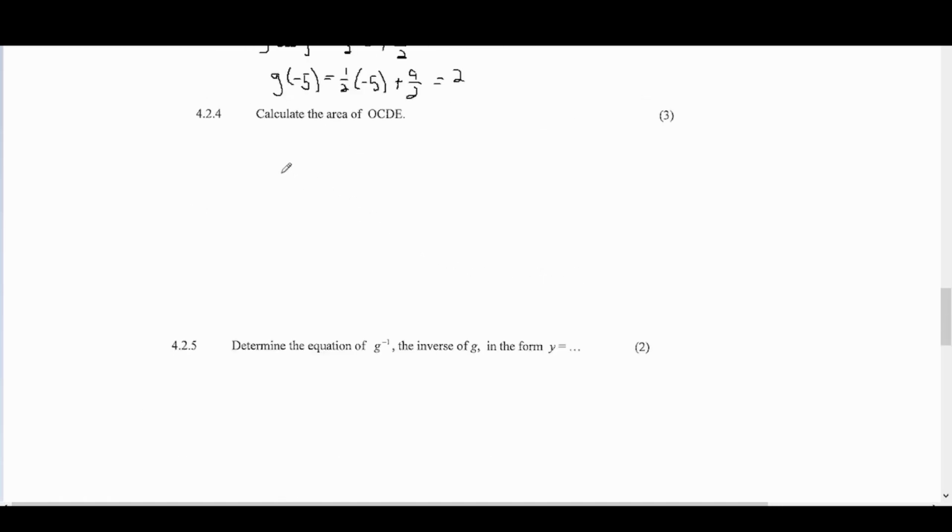So we can use area of a trapezoid, which is half. Let's call the short side plus long side multiplied by your base. Okay, now we just need our units for that. Okay, and this would be, of course, OCDE, the area of that.